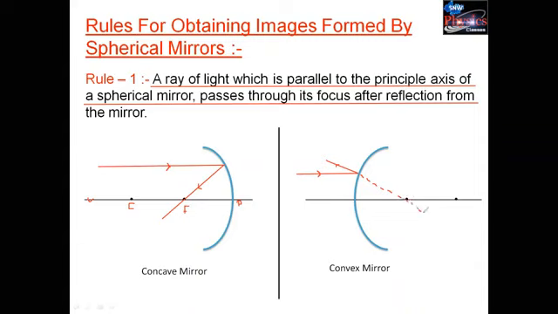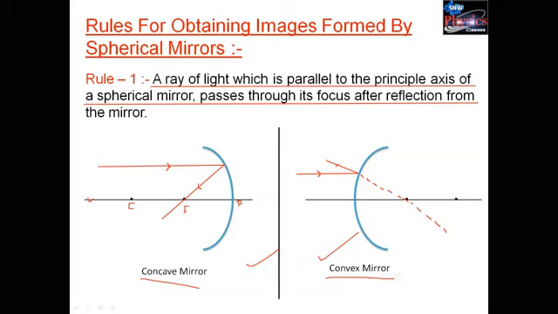So in the case of concave mirror we saw it here, and in the case of convex mirror also we saw here. The ray of light which is parallel to the principal axis of a spherical mirror. Why have I mentioned a spherical mirror? Because we have both mirrors to consider here. Here we have seen both mirrors together.